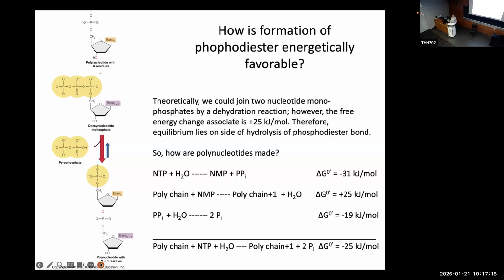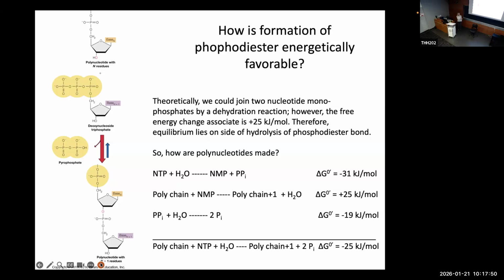And then additionally, even if you add those two together at standard conditions, that's favorable. But additionally, what happens after the fact is this pyrophosphate is further hydrolyzed by water. So once it's removed, it's also attacked by water and just cleaves into two separate phosphates. Also favorable.